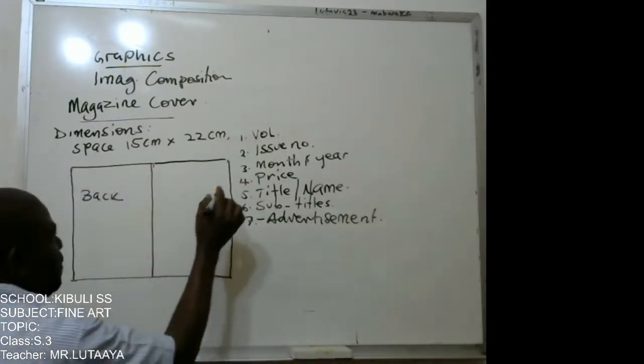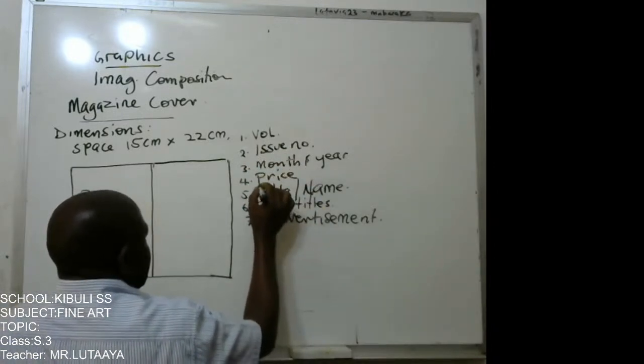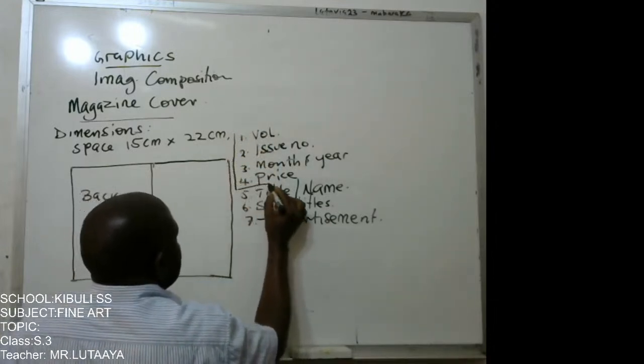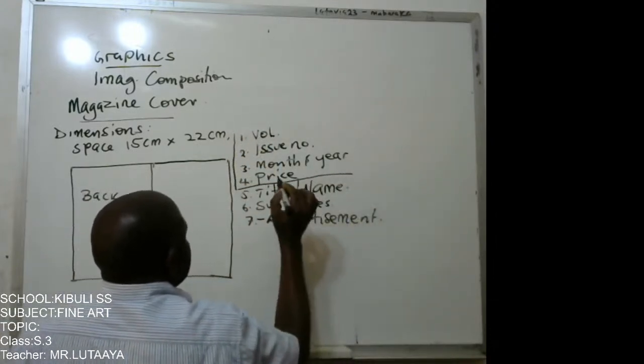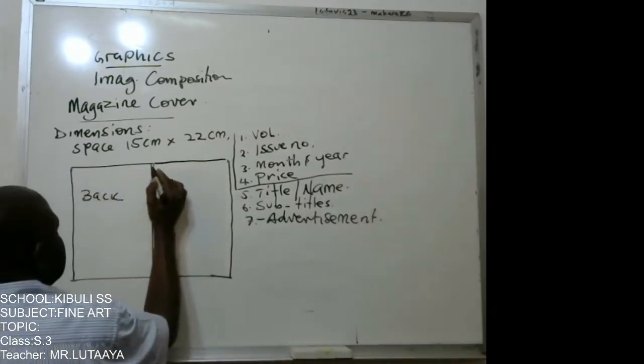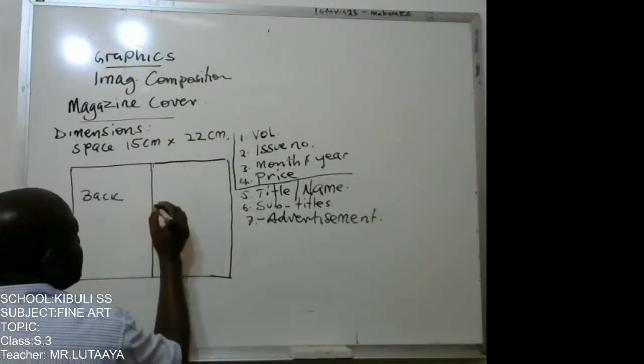The volume, the issue number, the month and the year, and the price. These ones must be written small, but well written, and you must be careful to balance everything so that it looks nice.